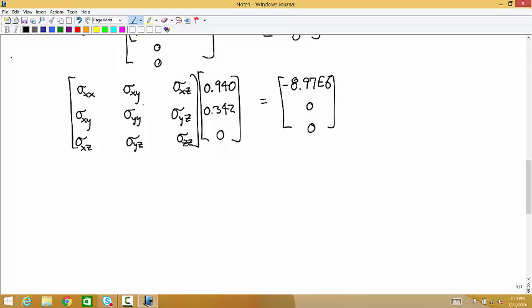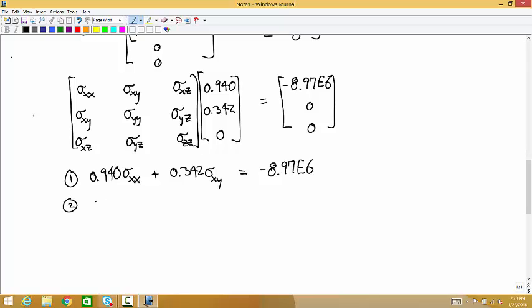And so do this matrix multiplication, and you get that 0.940 sigma xx plus 0.342 sigma xy is equal to negative 8.97 times 10 to the 6.